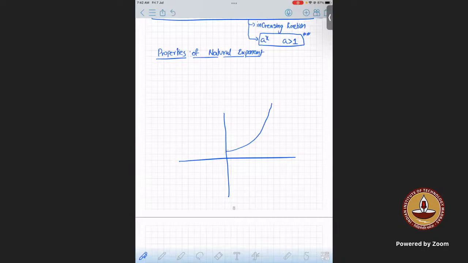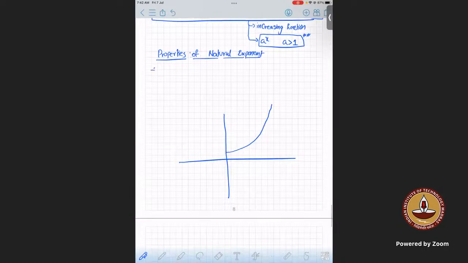Now look, if someone asks, the area under the curve f of x is equal to e power x from minus infinity to 1 is e.